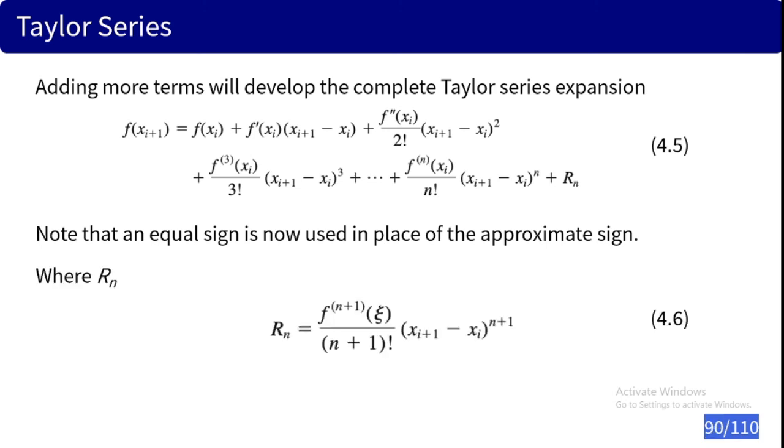Okay, where R sub n, or the remainder term represented by equation 4.6, is this expression. You will remember that this expression was derived from the second theorem of mean for integrals in our previous slides. Then we substitute that expression with x sub i plus 1 minus x sub i raised to the power of the order of approximation plus 1, right?